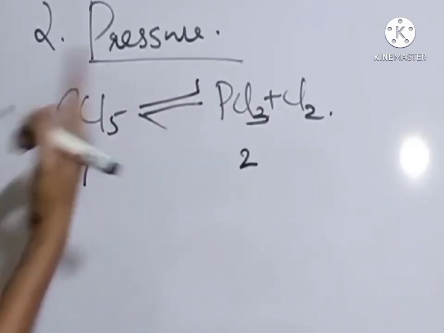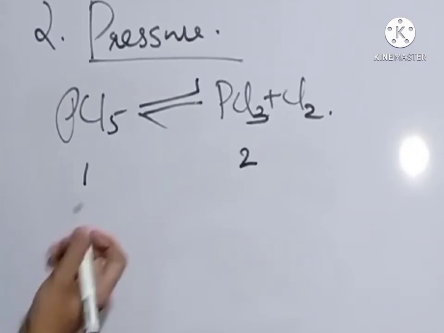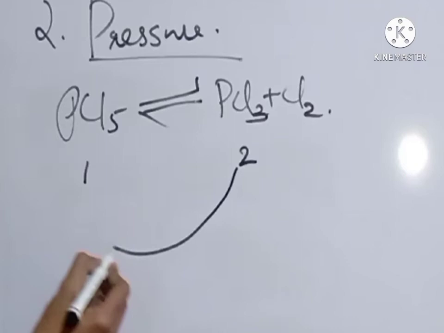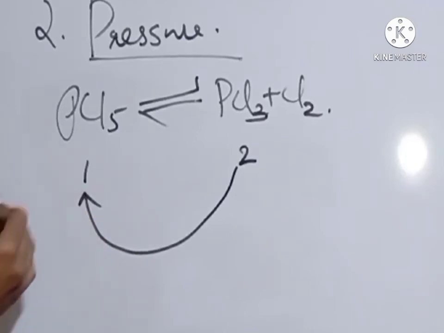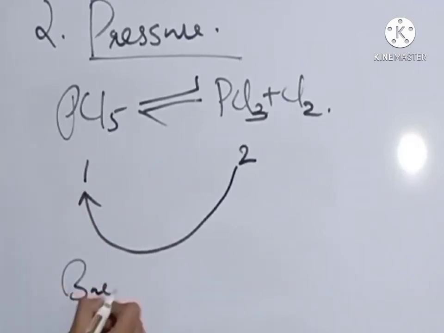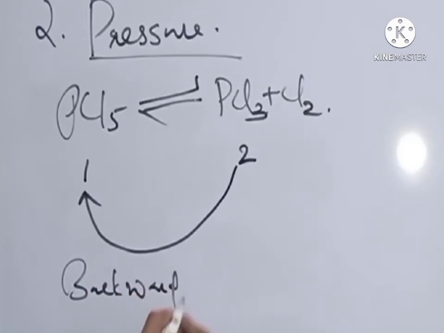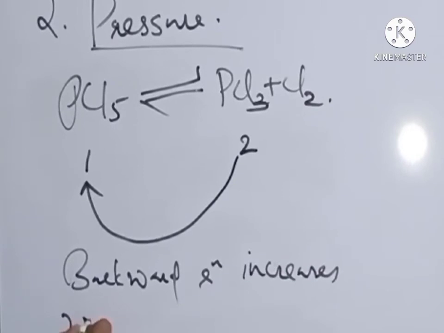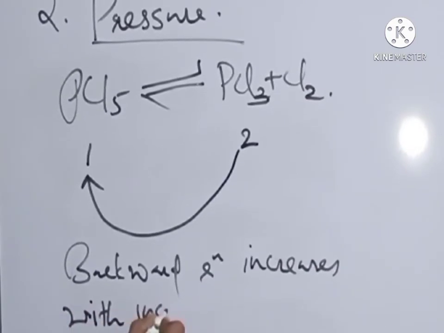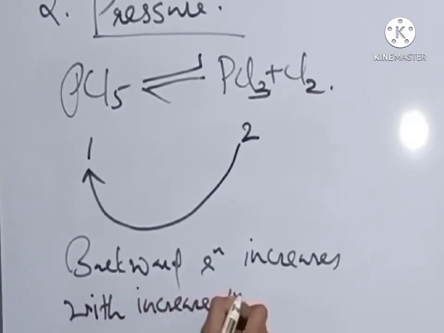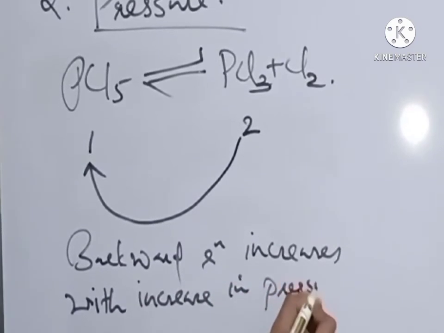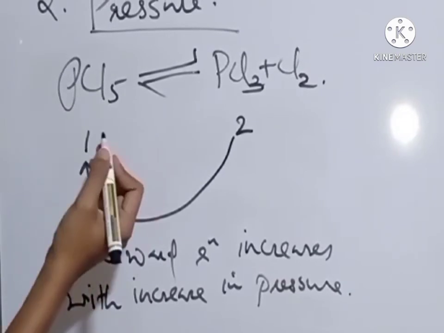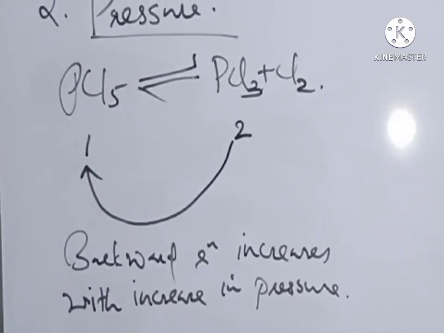So, when pressure increases, the reaction shifts in the direction where the number of moles is less. So, the rate of the backward reaction increases with increasing pressure. So the increase in pressure is not favorable for the decomposition of PCl5.